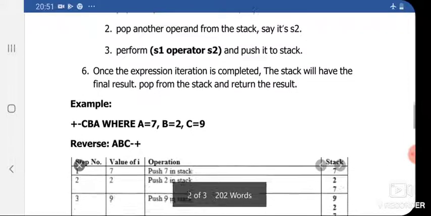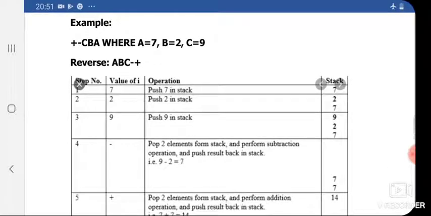For example, suppose we have been given the prefix expression as plus minus CBA, where we have been given values as a equal to 7, b equal to 2, c equal to 9. We first reverse the given prefix expression, so after reversing it becomes a b c minus plus.